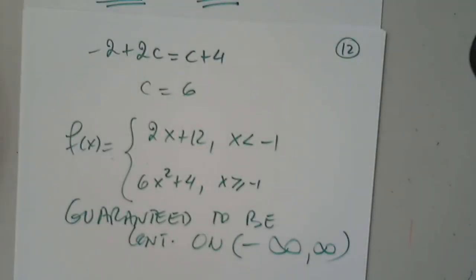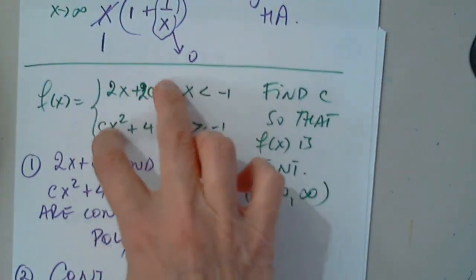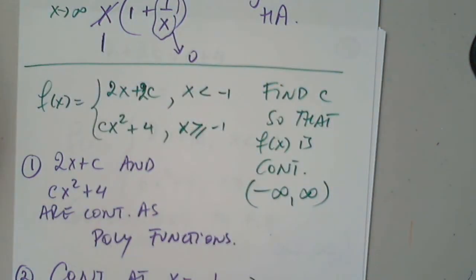So do we ever get numbers instead of like the infinity sign? And the guaranteed to be continuous on, can it all be like -1 to 6? Or it has to be like the infinity sign? No. So for example, this is a typical situation in which we're asked, find c to make this function continuous everywhere.